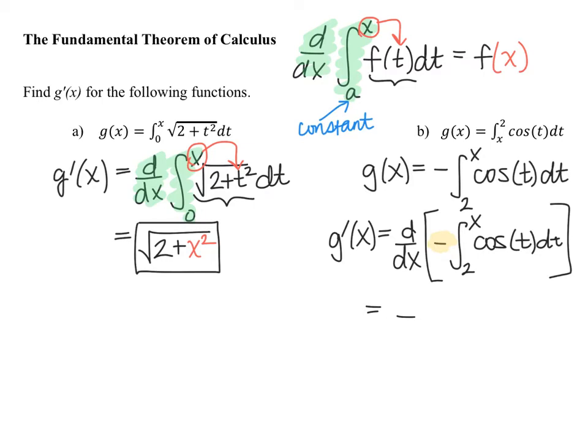Again, that fundamental theorem says when we're taking the derivative of an integral, those are inverses, so those are going to undo one another. We're going to be left with the integrand, which is cosine of t. However, it'll be cosine of x because that upper limit of integration is x, and our final answer will be in terms of that upper limit of integration. So that leaves me with a final answer of negative cosine of x.